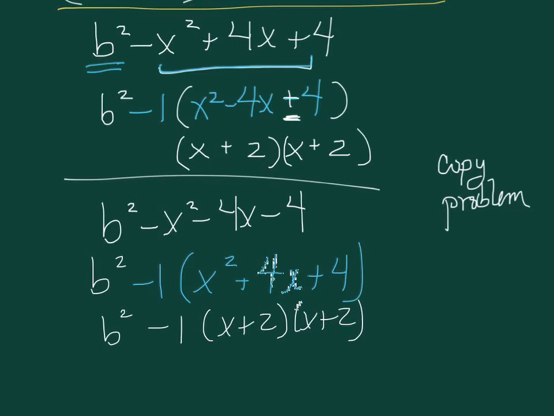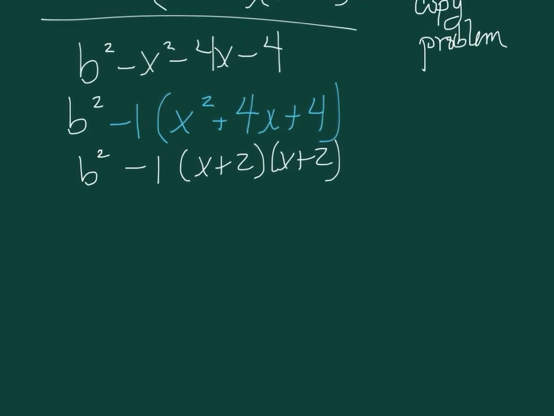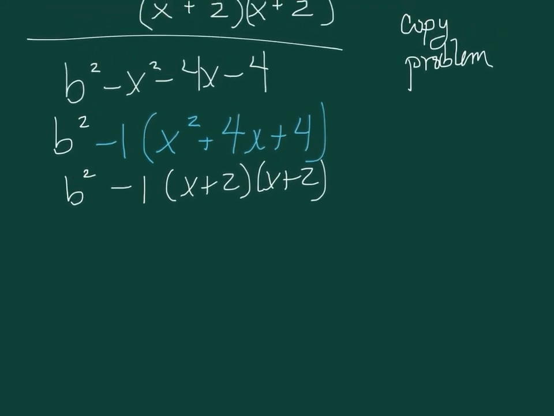And this x plus 2 is in essence a square, right? We have x plus 2, the quantity squared. So this is the same thing as b squared minus x plus 2, the quantity squared. This is a difference of 2 squares. Do you see that? Right? This is like a squared minus b squared, right?